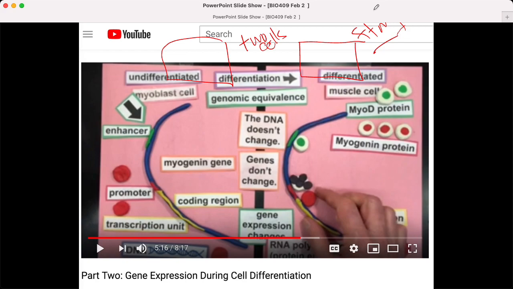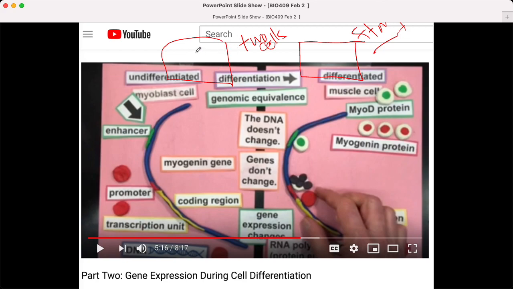Here's a cell that has no drug, no medicine, and here's a cell after it's been given medicine. We want to compare those two cells. In our lab class, we're looking at younger caterpillar cells and older caterpillar cells. Sometimes it's a timeline, a series of cells over time. Or a brain cell compared to a liver cell. So it's these two cells.